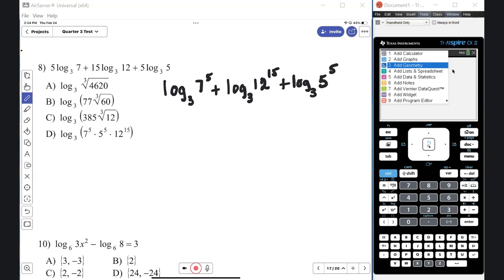We have the same base, so we're going to use the product property. So 7 to the power 5, 12 to the power 15, times 5 to the power 5. So I use the power property to make them exponents, and then I use the product property to make them into a single logarithm.